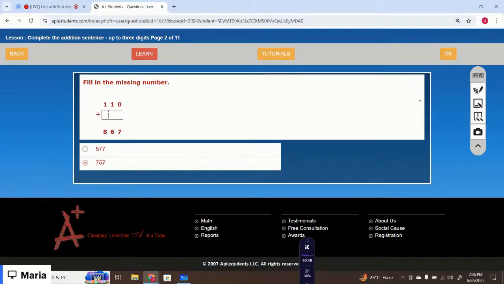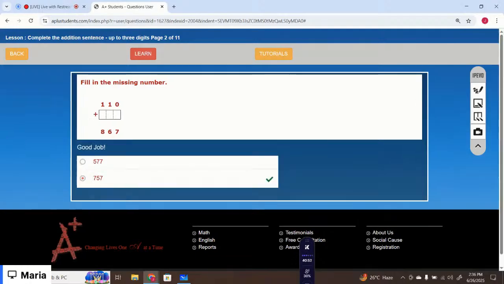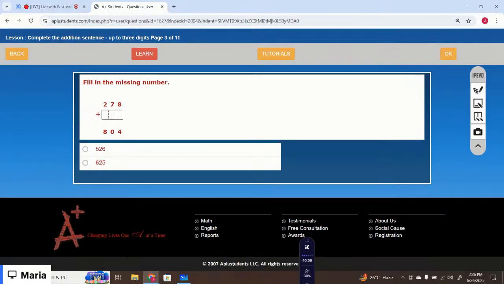That is 757. Now, 78 plus the missing number equals the sum.